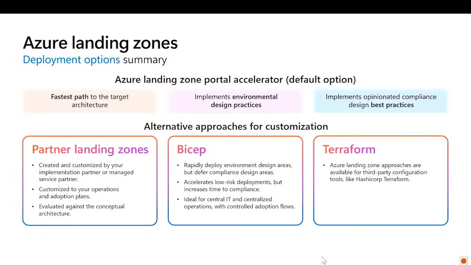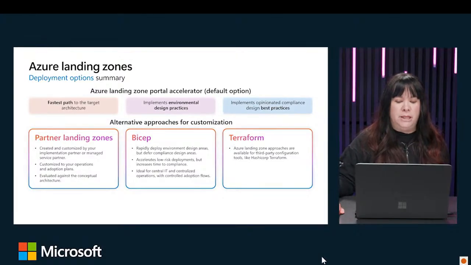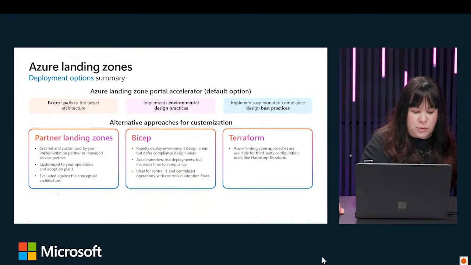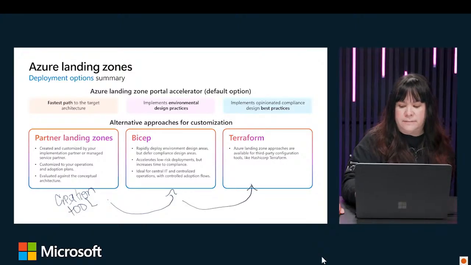So when we look at this, we reinforce the recommendation based on best practices that the customer should align to. When we look at different tools, some of you might recognize these words: the partner landing zone, so that's the creation, the tool that you use, and then with that tool, you can leverage Bicep or Terraform.